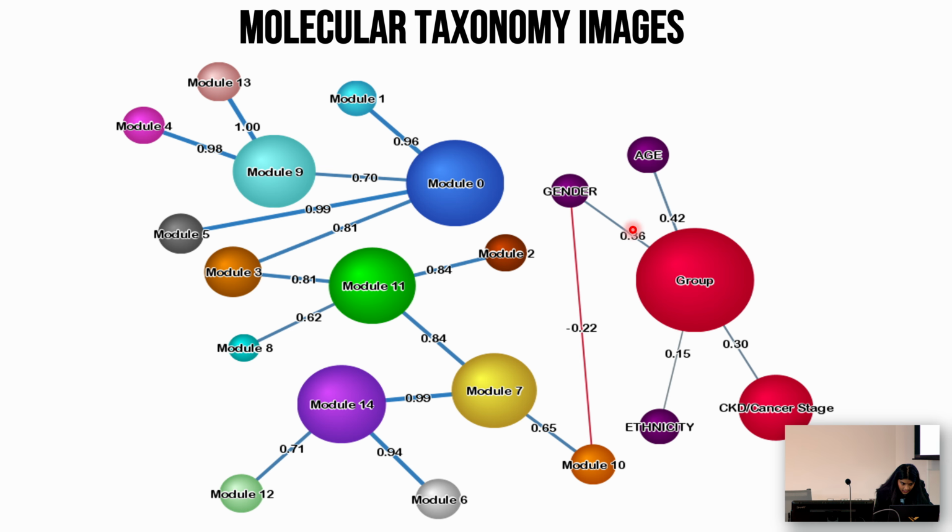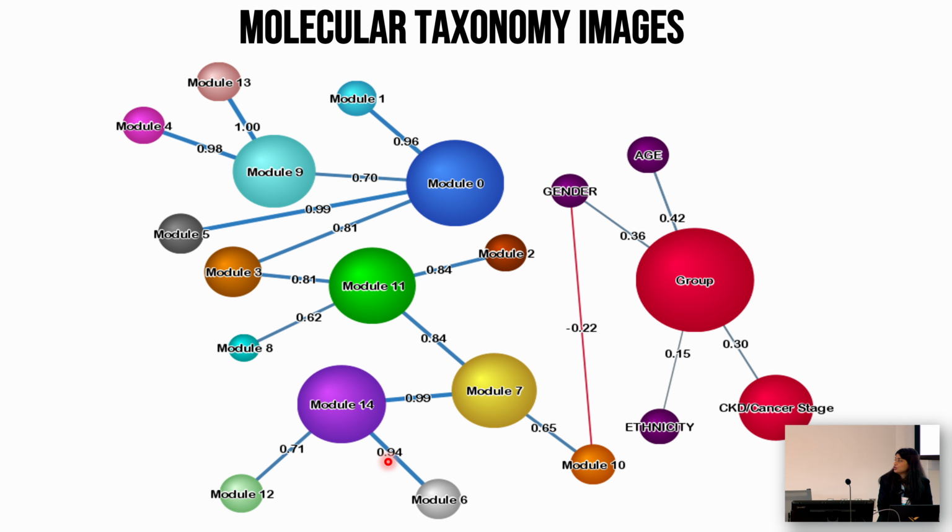Then we have age, gender, ethnicity, and cancer stage or CKD stages, and then these are the modules. Clearly, module 0 has a greater node force, so we wanted to check module 0 as well. And module 6 was what we identified, but module 6 is again correlated to module 14.